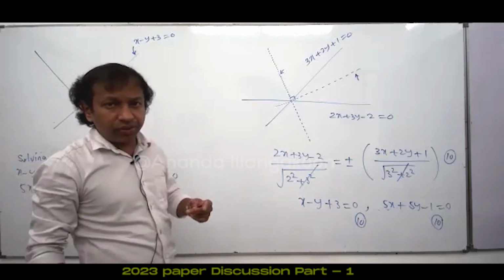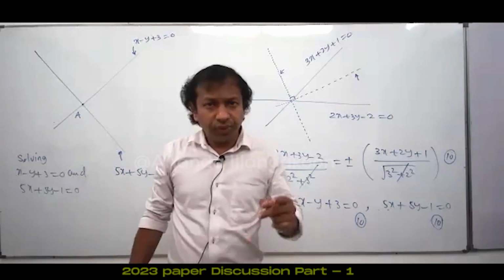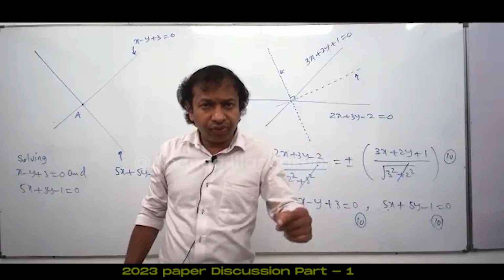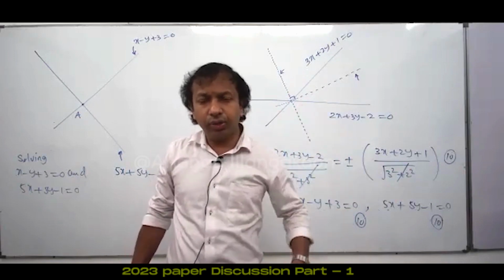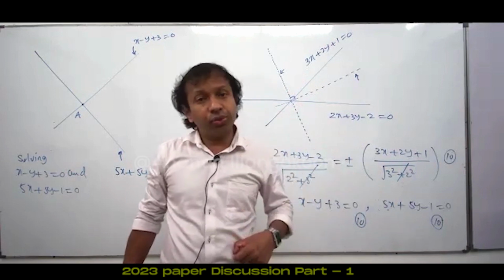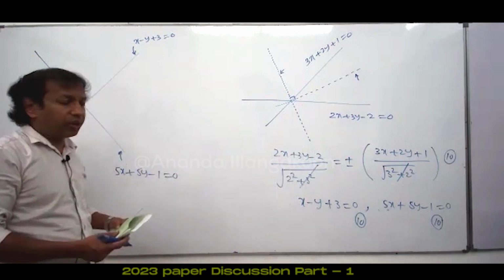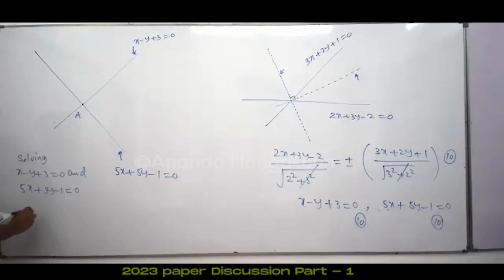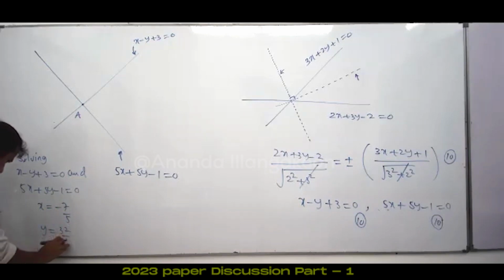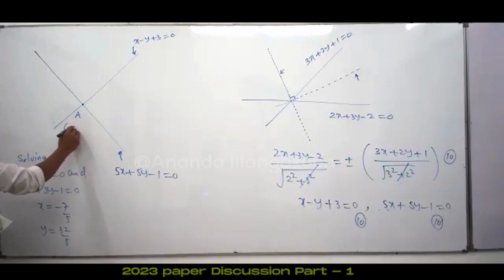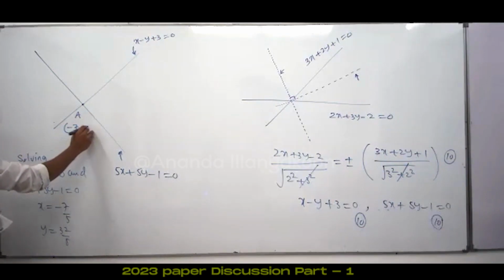I told two methods. One is by equating coefficients of x or y and subtracting or adding the two equations. The other method also I told, no? So anyhow, using one of these methods, you can find x and y. I write the x value here, it is minus 7 by 5, y value 32 by 5. This point, minus 7 by 5, 32 by 5.